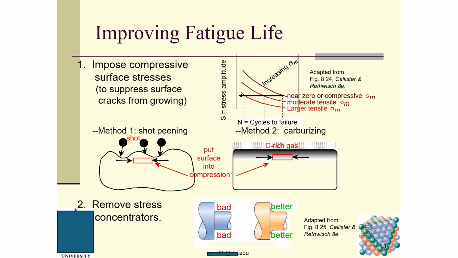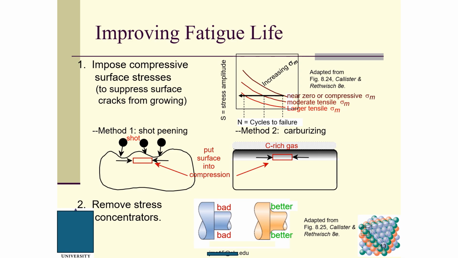So first, impose compressive surface stress. If this is a specimen, if you can impose compressive residual stress, then you can improve the fatigue life. There's a method, shot peening.